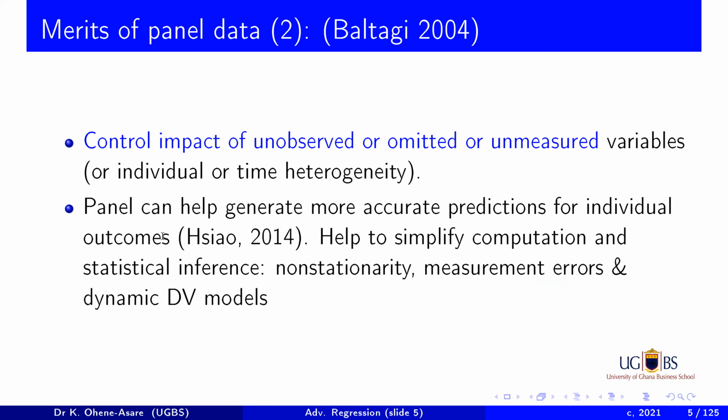You can control for the unobserved heterogeneity or omitted variables. For example, let's talk about a human being who is able to get more salary because of his education. But education is measured by the number of years of schooling. But that person may have some innate ability, inside ability.